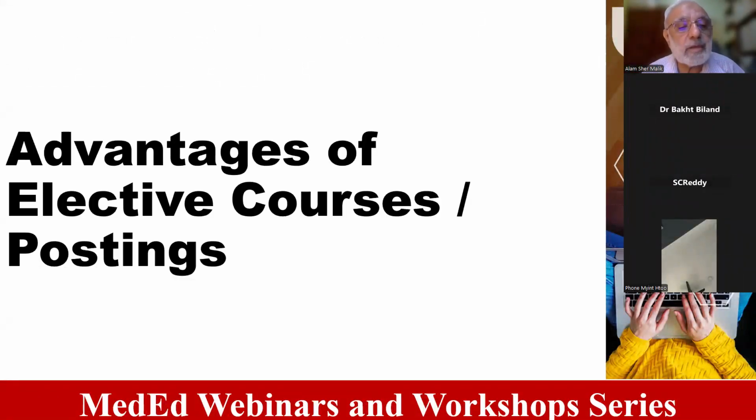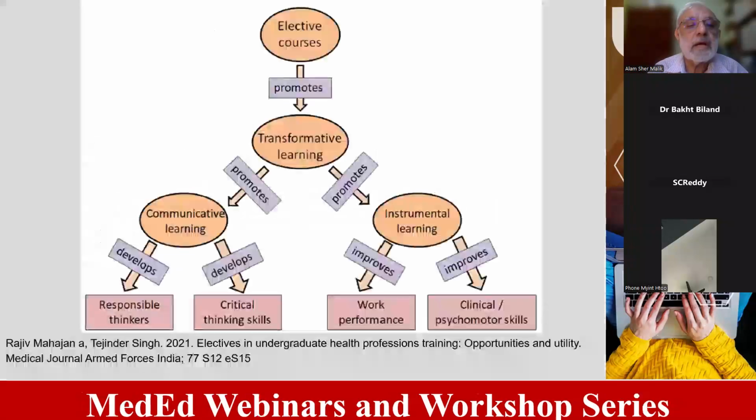So just looking quickly at the advantages of elective courses or postings, mainly addressing the rationale for introducing elective courses in the undergraduate. And this is one example I copied from the reference below.